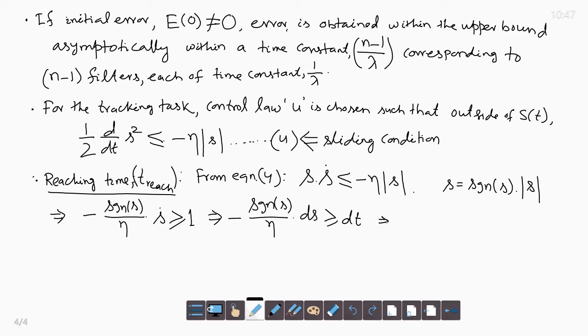This implies the reaching time t is less than or equal to magnitude of s at time t equal to 0 divided by eta.